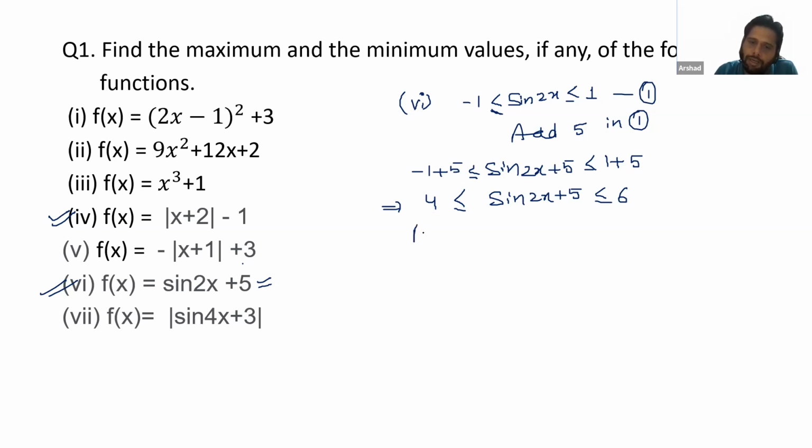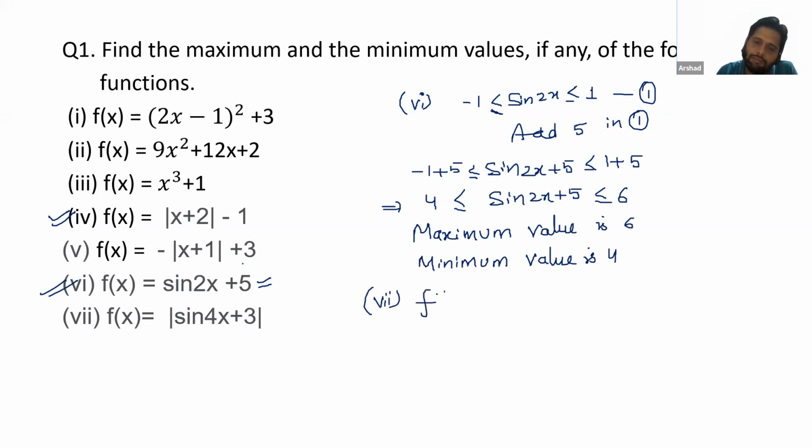So we can say the maximum value is 6 and the minimum value is 4.